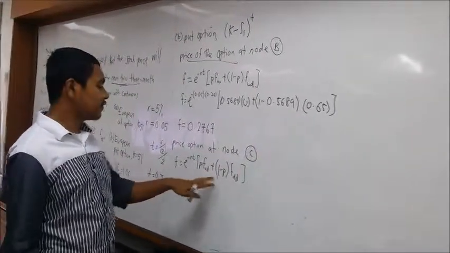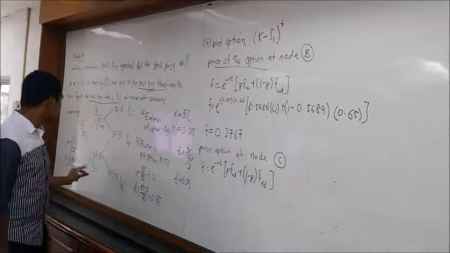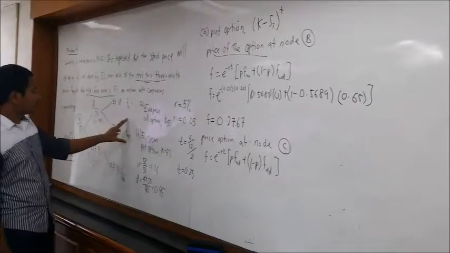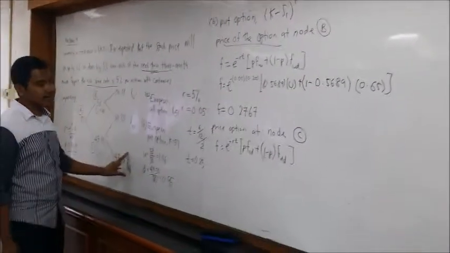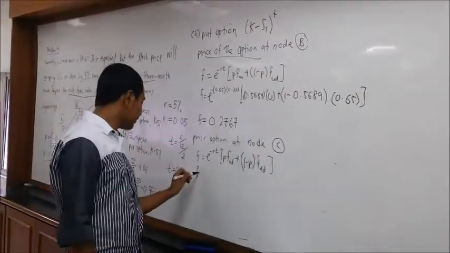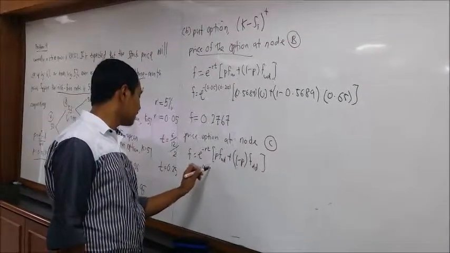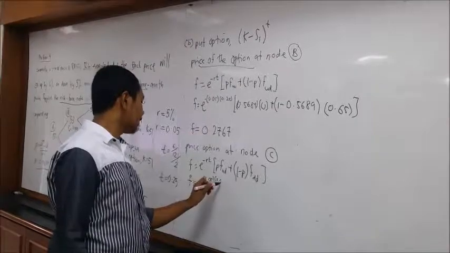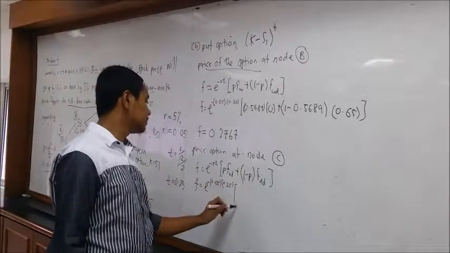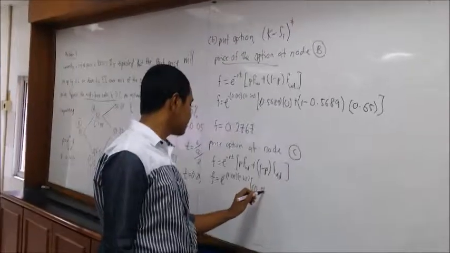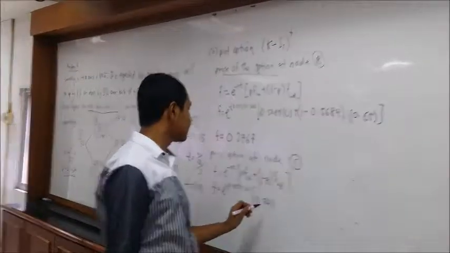Why do we use FUD and FDD? Because we want to find the option price here, which is node C. So our F becomes exponent of 0.05 times 0.25, times our P, 0.5689.